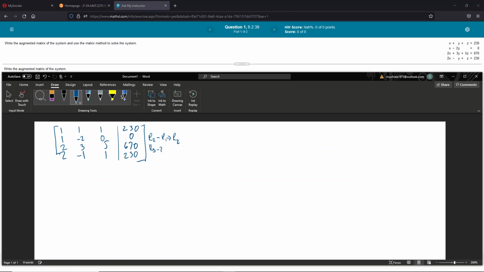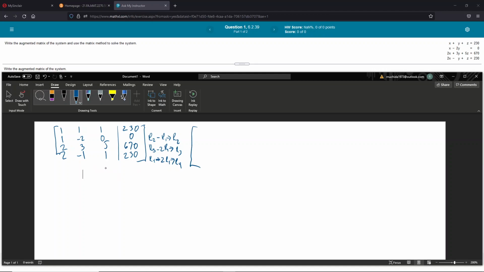So row 3 minus 2 times row 1 will be our new row 3. It would be the same thing for row 4, which has that 2 in the first column position. So we multiply the entire first row by negative 2, subtracting 2 times row 1 from row 4, and that'll be our new row 4.